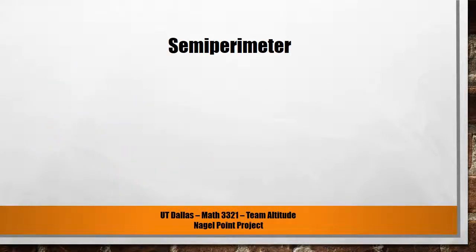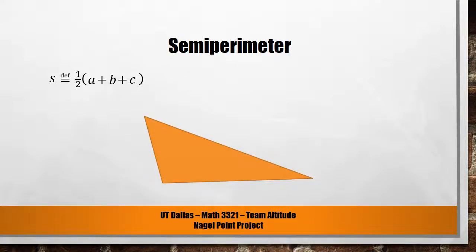Another thing we're going to have to define is a convenient thing called the semiperimeter. It's defined as follows. The semiperimeter is called S. We define it as 1/2 times a plus b plus c. What does that mean? Well, if we have a triangle, ABC, that's what we'll call it.